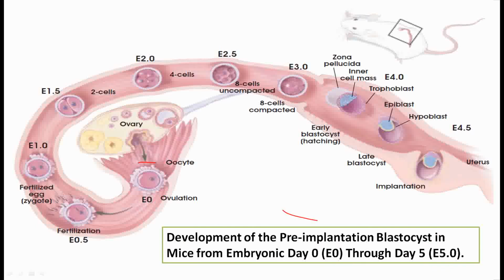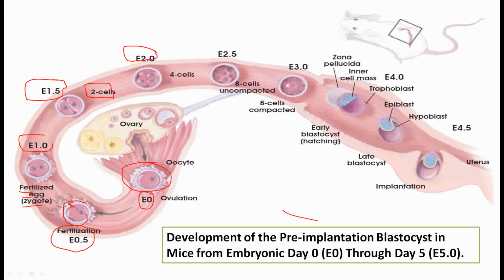Here you can see this is ovulation and this is E0, that is day 0. At day 0.5, fertilization occurs. At day 1 there is a fertilized egg. At E1.5, a two-cell embryo forms.